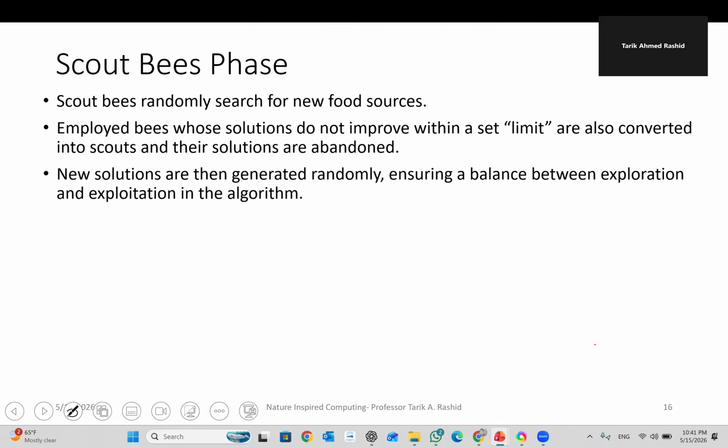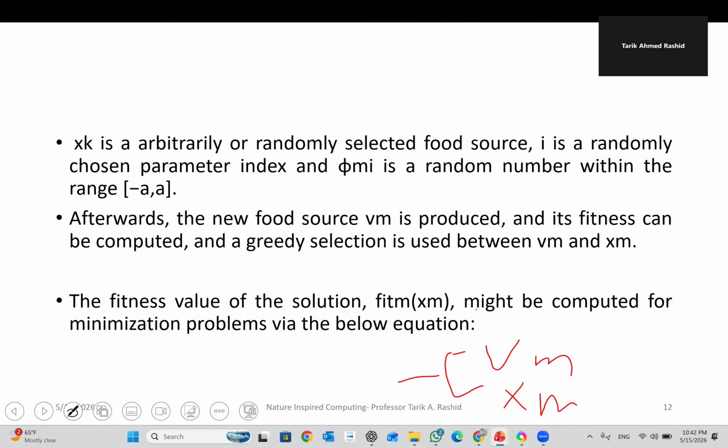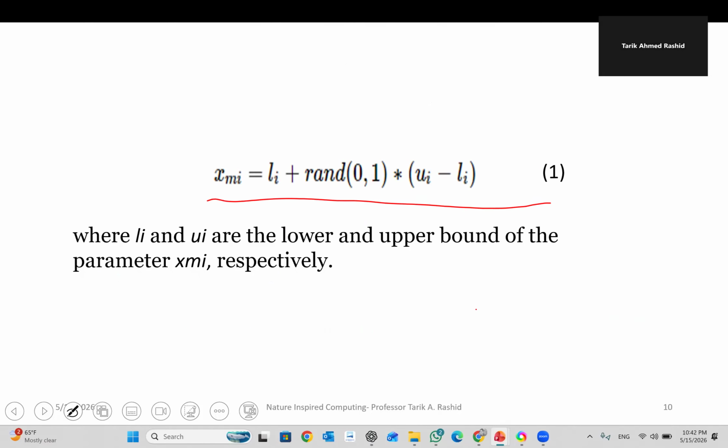Now, we have scout bees. When the food source cannot be improved, then there is a limit on using the food source. If there is no improvement in it, then scout bees will be randomly initialized using equation 1. If we go back to equation 1, here we can get the scout bees.